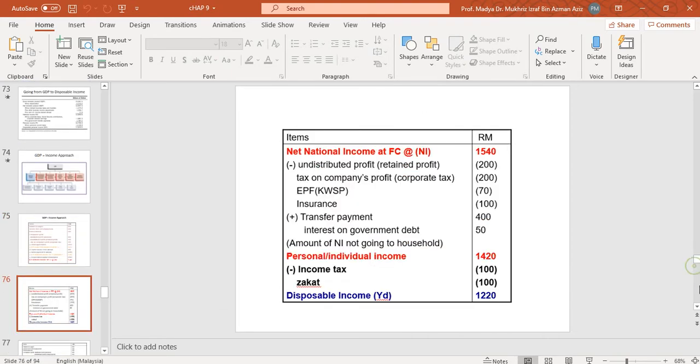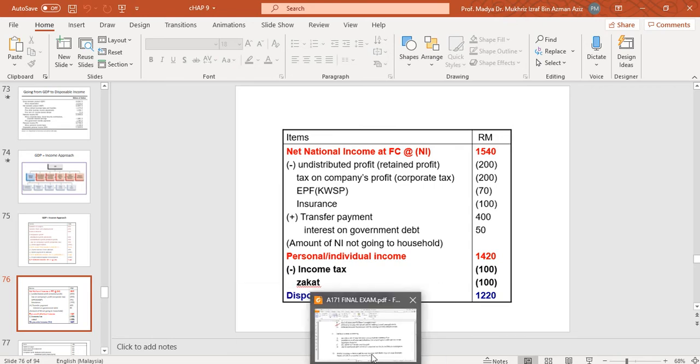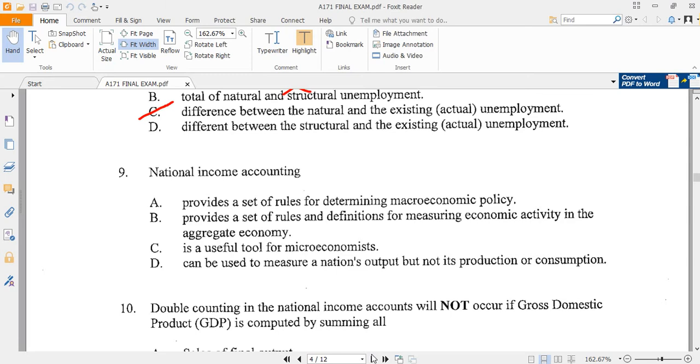So you can look at the other examples here, but what I want to show you in the remaining part of this video, which we will discuss tomorrow morning before we start with the new chapter, is important. So go through this video and the previous video so that you are able to hopefully understand better the national income accounting method.